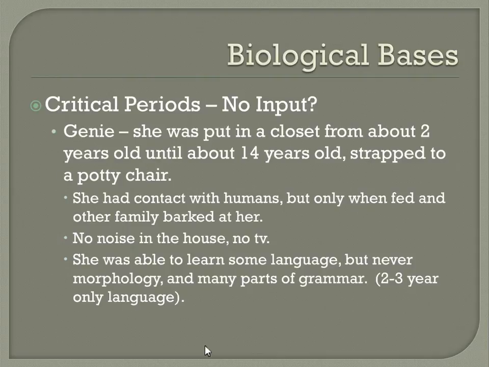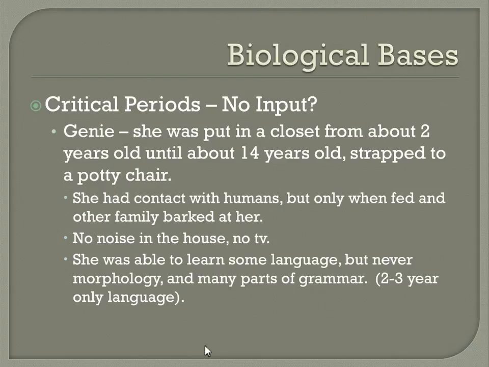She was put in a closet when she was about 2 years old until she was 13 or 14, and she was strapped to a potty chair. It's just all this horrible abuse. She had contact with her family, but only when she was fed, and the family actually barked at her instead of speaking to her. There was no noise in the house. After social services rescued her, she was able to learn some language, but never morphology, the idea of changing words to become something else.